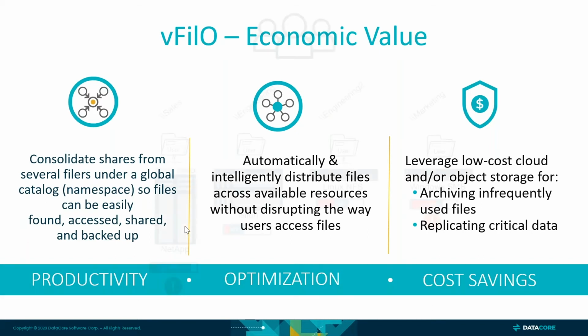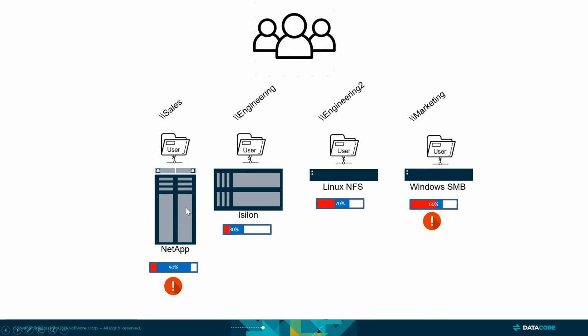So with that, just to present what the environment may have looked like before we got in here, you likely have been spreading your different folders, directories and shares across a collection of file servers and NAS devices.